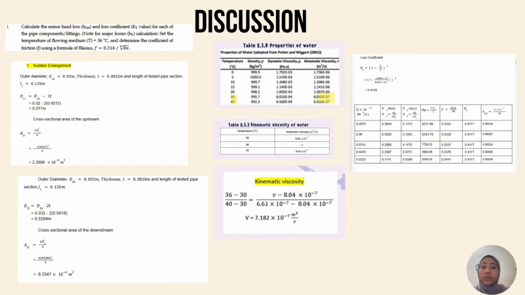Then find D2I, which is 0.0284 meter, and the cross-sectional area A2I is 6.3347 times 10 to the power of negative 4. Then we need to find the kinematic viscosity by using the table of properties for water, and lastly we will find the major losses and the loss coefficient, which is 0.4118.